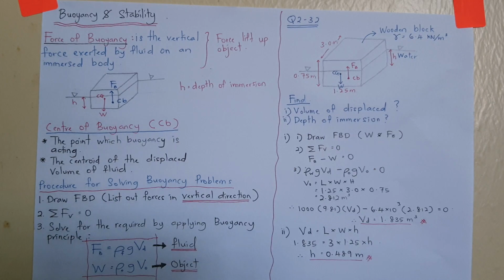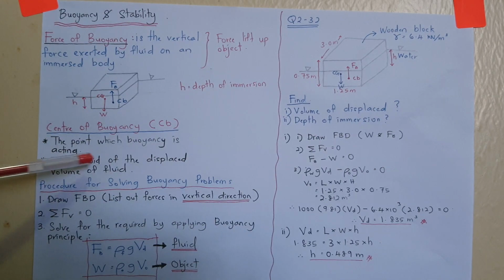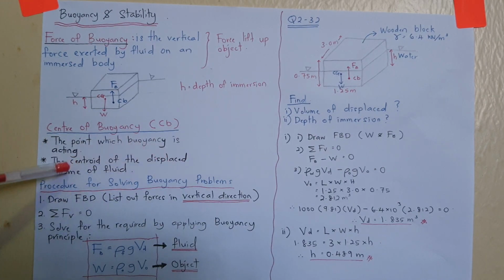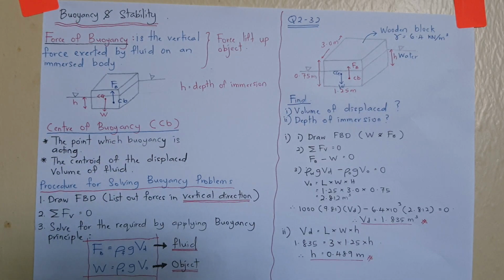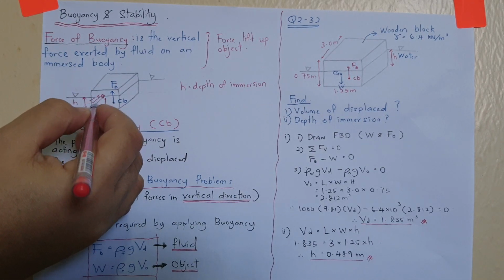So where is the center of buoyancy? The center of buoyancy is the centroid of the displaced volume of the fluid. Like in this example, if we have a cuboid, this is the volume displaced in the water.